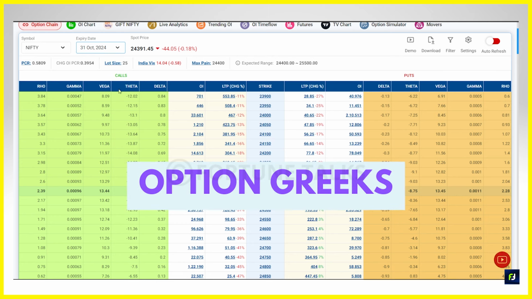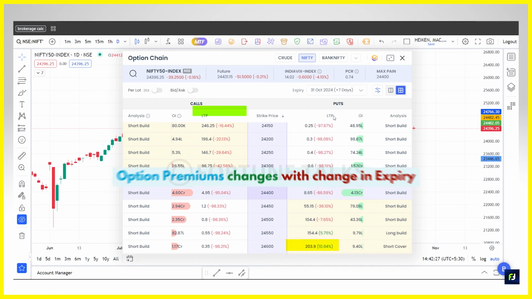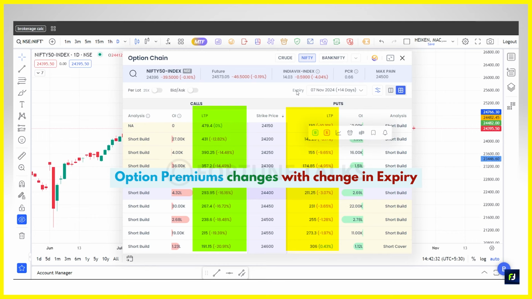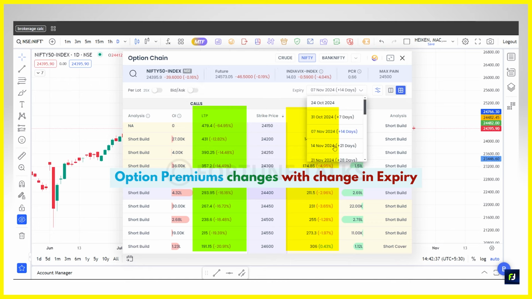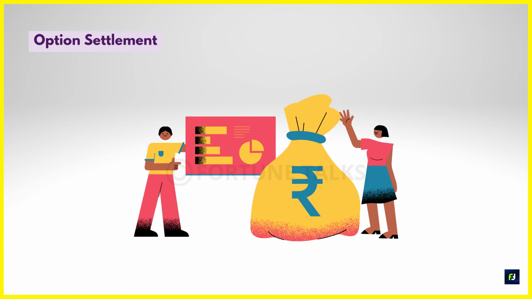We are too early in our course to understand Greeks, so we will talk about Greeks at a much later stage in this course. The other point to keep in mind is that the premium of options changes as and when the expiry changes. Just like futures, there are different option expiries and the premium is not the same across different expiries. Now, let us wind up this episode by understanding the concept of options settlement.